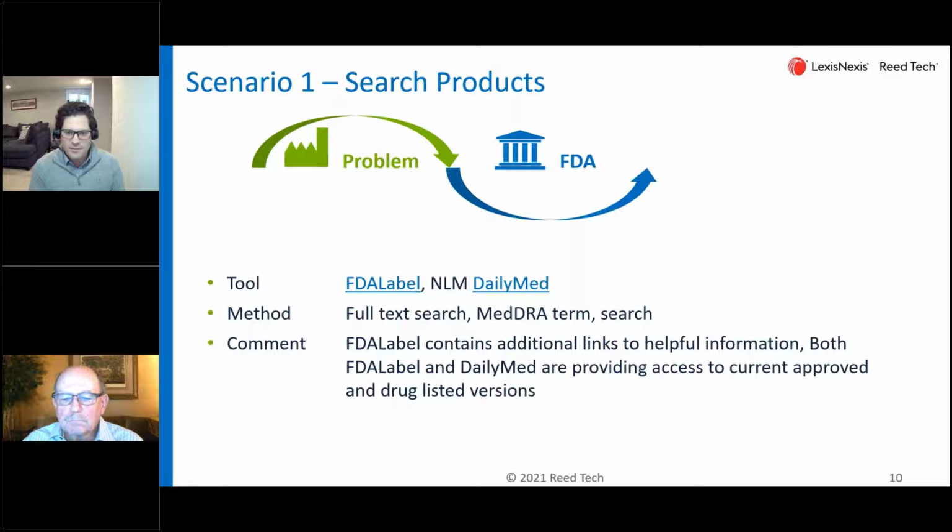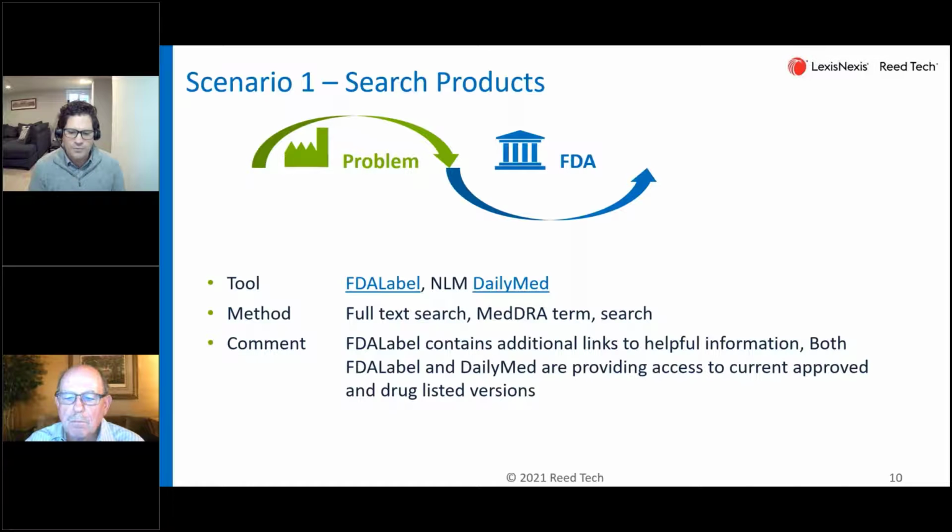One of the comments I'd make is that it's great that you can just go and access it. They do provide full text search, being able to search upon different types of terms, different parameters within your search. But some of the main things to keep in mind is that FDA Label also provides some additional and helpful links to other information, cross-referencing it across to different FDA databases.